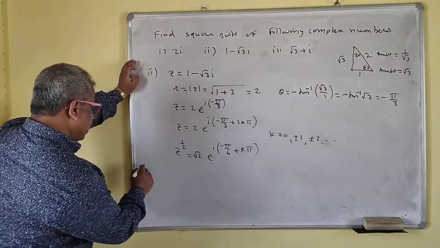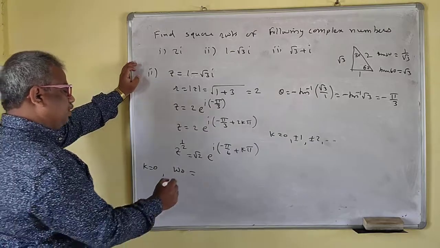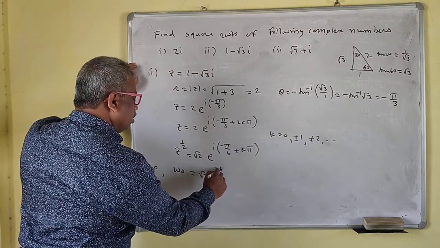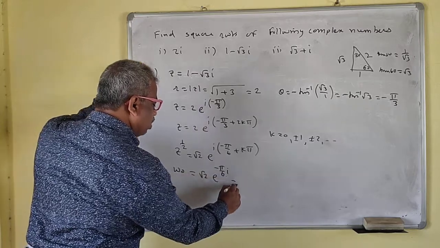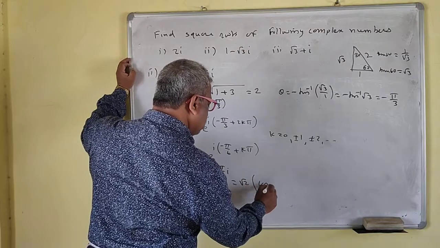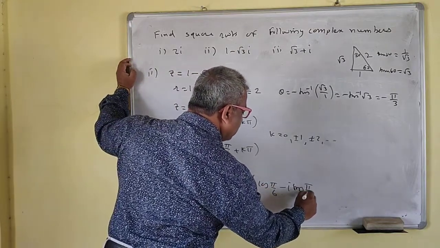Okay, so for k is equal to 0, w naught is equal to the square root of 2 e raised to minus pi by 6 i. So this is root 2 times cos pi by 6 minus i sin pi by 6.